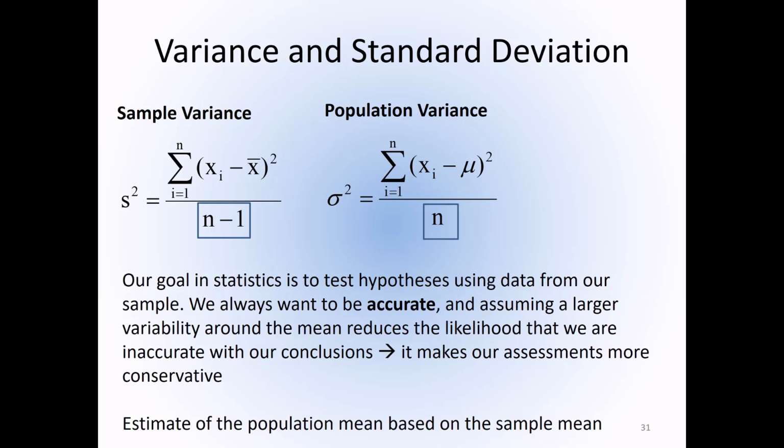In this particular case, we'll use measures of central tendency to make some estimates about the population from our sample, and then our sample variance and standard deviation will tell us how much variability there is within our data set, which will influence our ability to estimate that population mean.